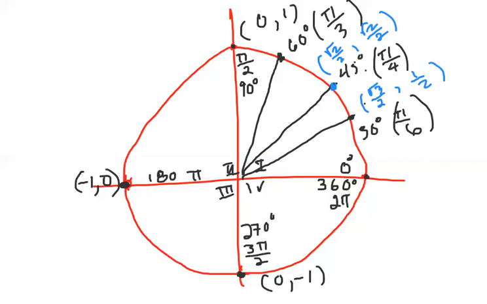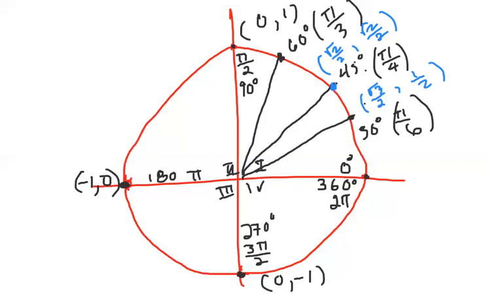Now, of course, this goes back to the 45-45-90 triangle relationship, and the 30-60-90 triangle relationship. Remember, with a 45-45-90 right triangle, if one angle is 45 and you know it's a right triangle, automatically that makes the other angle 45 degrees. So obviously there are two congruent angles, so both x and y are going to be the same value.